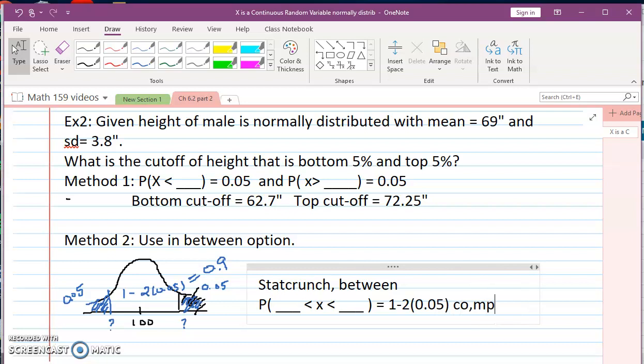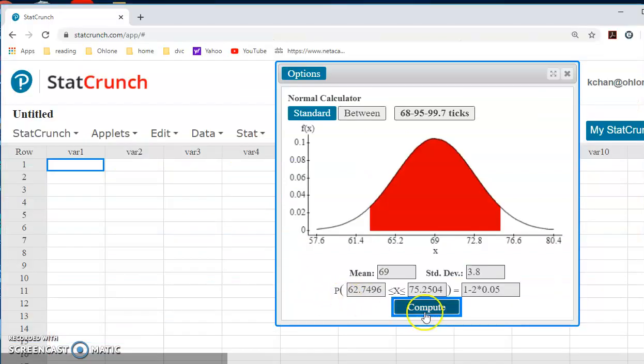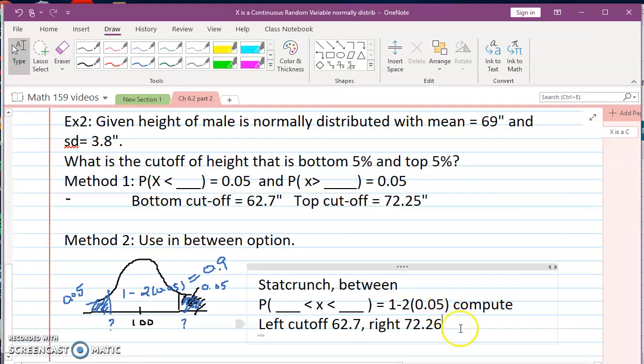And after you compute, you get the same answer. Left cutoff is 62.7. Right cutoff is 72.25. And that's how you do the two examples.